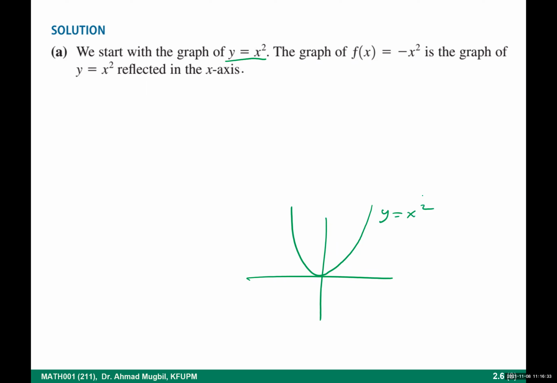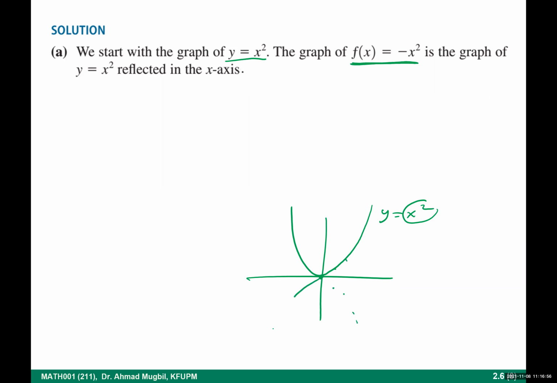Now to obtain the graph of this function, what will we do? We will replace x squared by negative x squared. So x squared was always above the x-axis. Now it will always be below the x-axis, reflected. This point is the same, of course. This point will be here, this point will be here, and this point will be here.